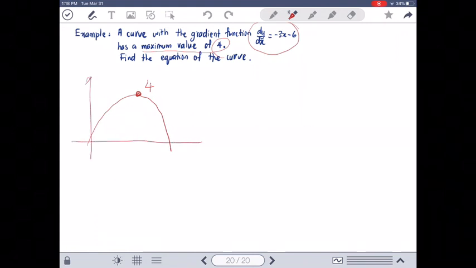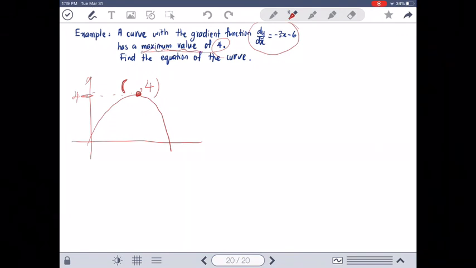This means that the y value here is equal to 4. So if y equals 4, what is the value of x? How do you know? Maximum value always refers to the y coordinate, not the x coordinate. So it refers to the y value, not the x value.